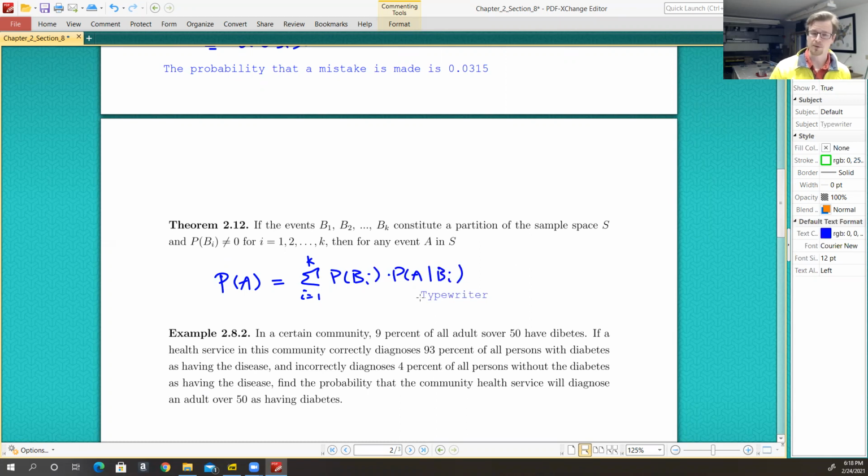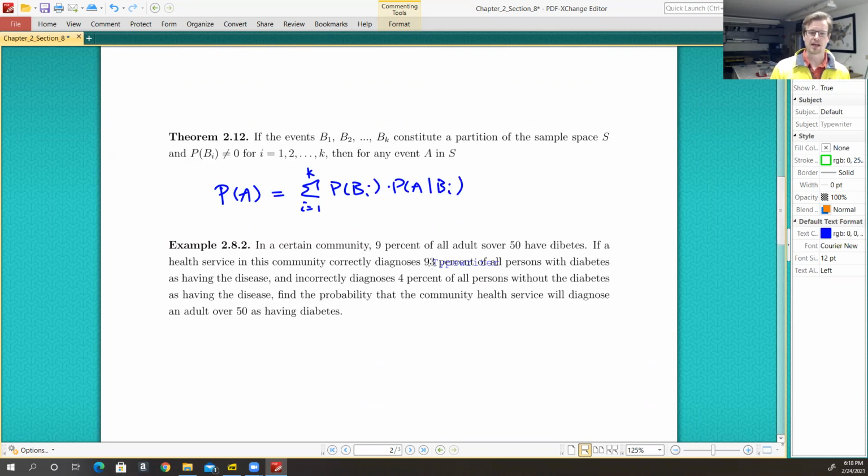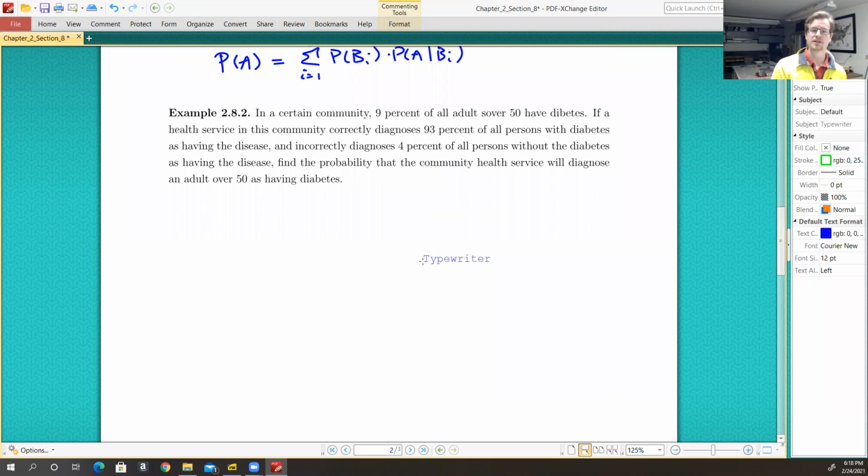So that's our theorem. So let's take a look at this using another example. Hopefully, if there was any lack of clarity in the previous example, this one should help make things a little more clear. There is a little bit less going on in this example, but only a little bit less.